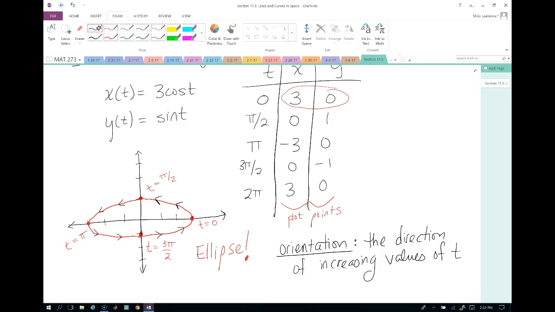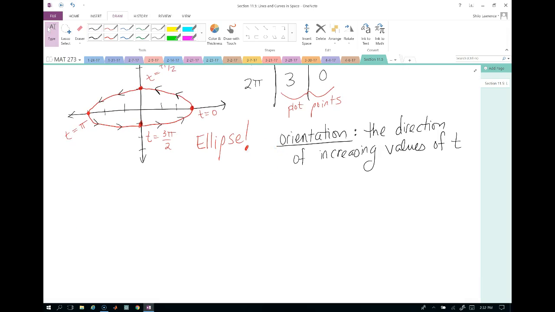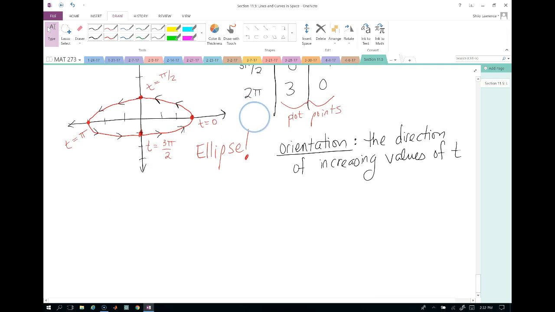Plotting points is not always the best way to come up with your curve, because if we don't use appropriate points for t, we might not generate a list of points that really give us all the characteristics of our curve. So another option is to change your parametric equations back into an equation that just involves x and y.